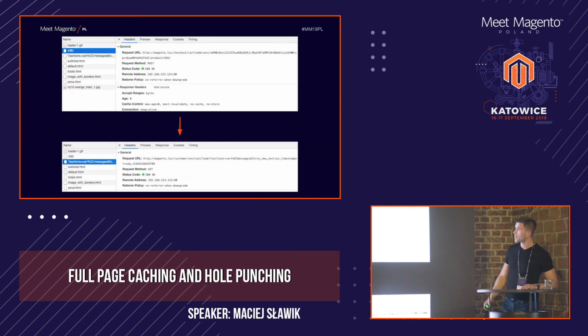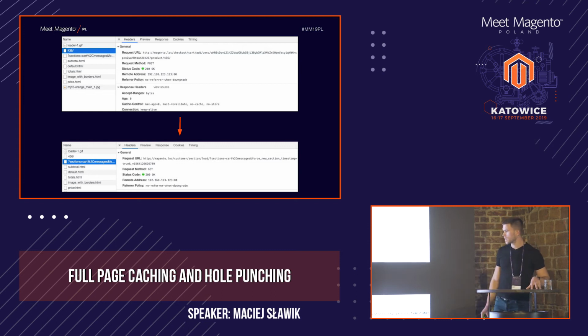How does it happen? First, when we click the Add to Cart button, the request from the top is sent to the controller at checkout cart add. The controller adds the product to cart, and then a second request is sent.